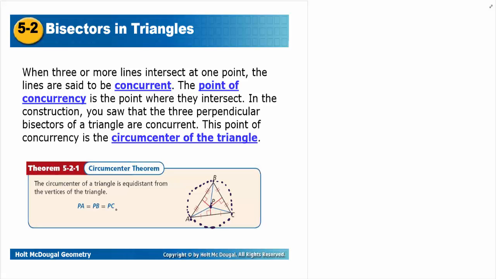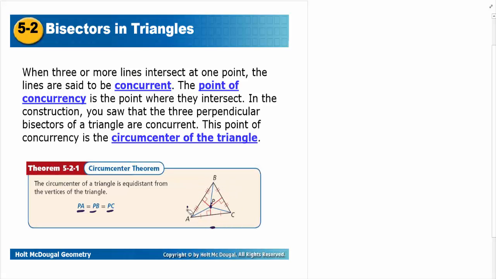That's why these three distances are equidistant, because they all represent the radius. But in order for you to state that, you need to show that P is formed by finding the concurrency point of three perpendicular bisectors. So all this information needs to be given to you before you can make this statement.